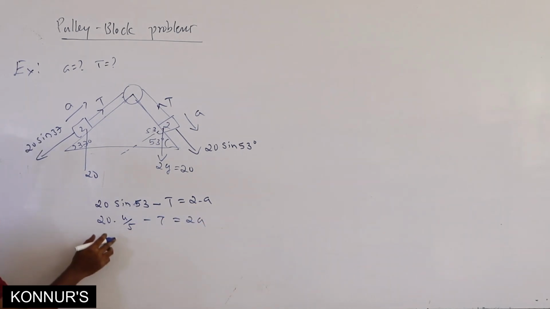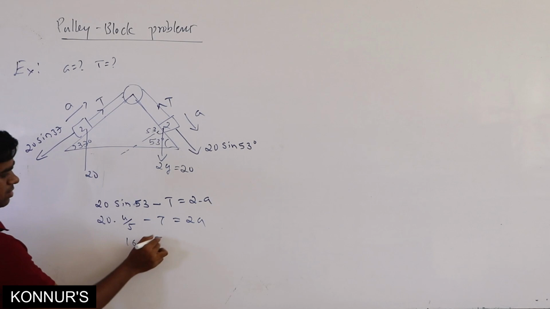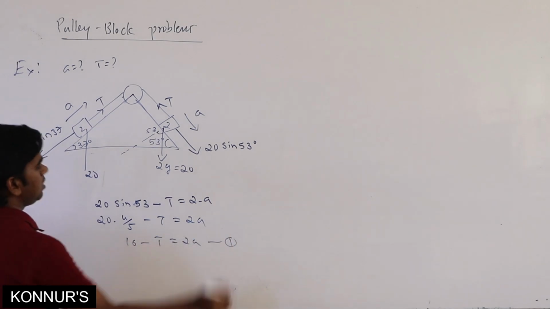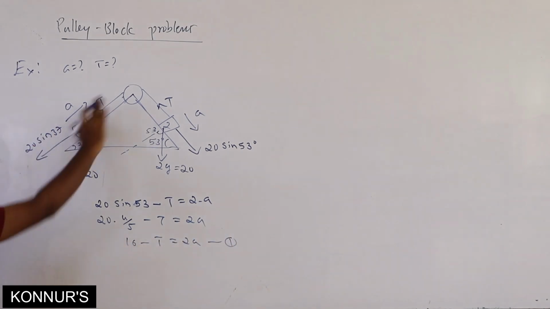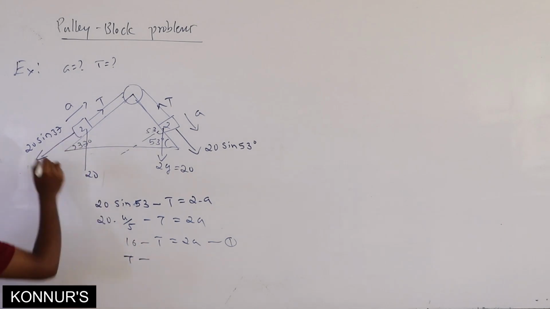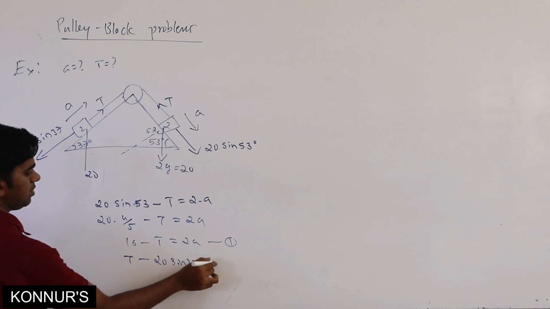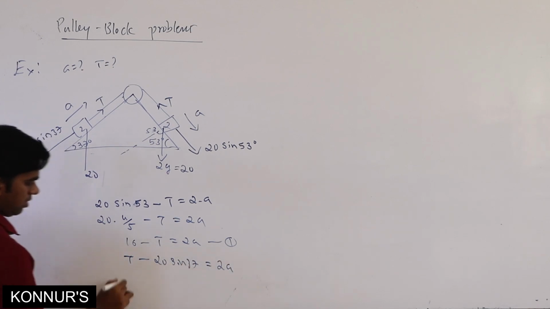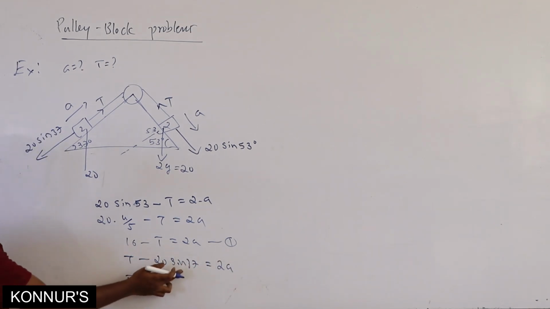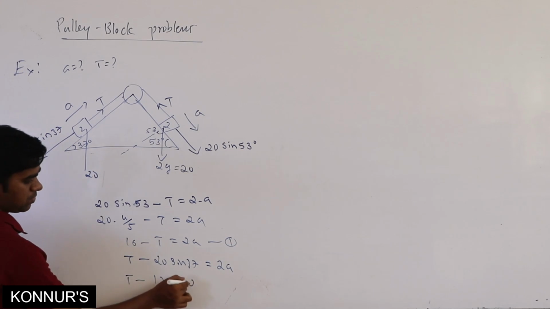So this will become 16 minus T equals 2a, equation number 1. Here T minus, in this direction, 20 sine 37 equals again 2a. So T minus 20 sine 37, means 3 by 5, so 12 equals 2a.